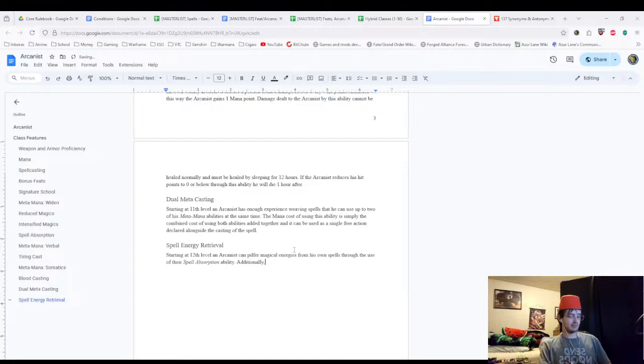Additionally, it can also pilfer magical energies from spells that were unsuccessfully cast.